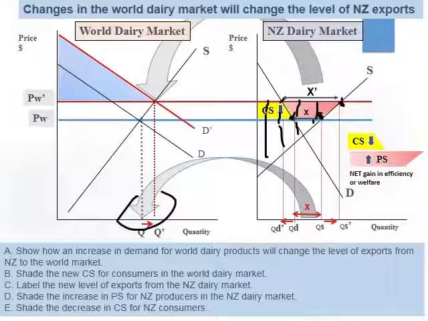You can see, in other words, another analysis would be to say that the decrease in consumer surplus, the loss as a result of this increased trade, is actually less than the gain in producer surplus. So the net gain, the overall gain, is positive. And so efficiency or welfare will increase when we trade more in the world.